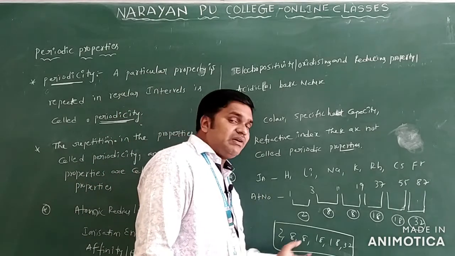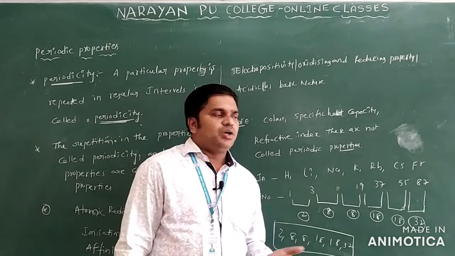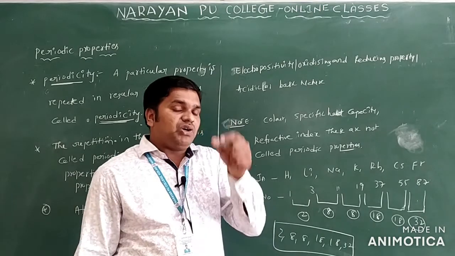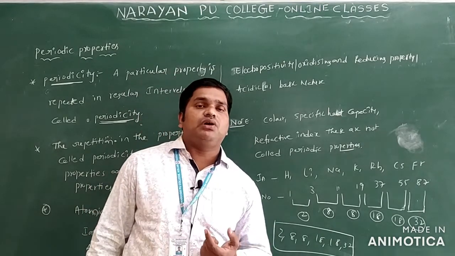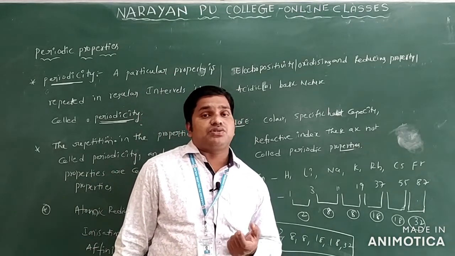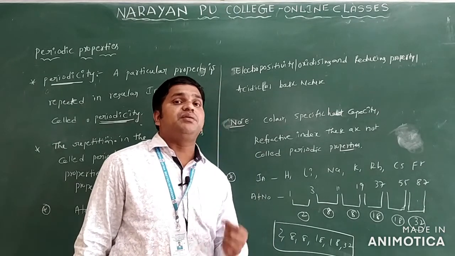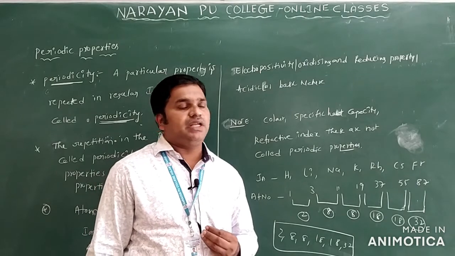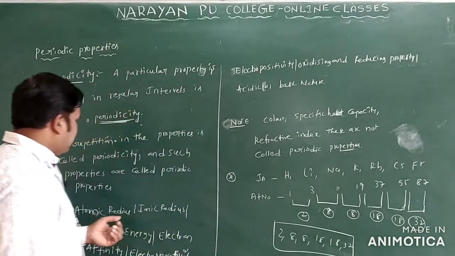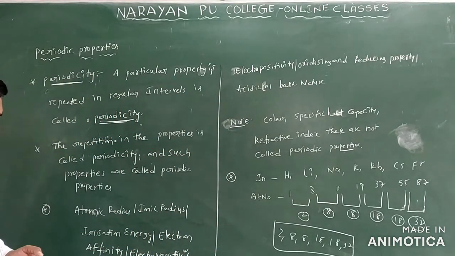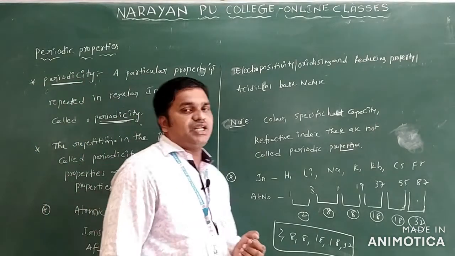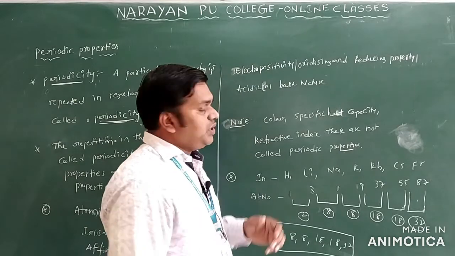So the properties of these elements repeat in a particular group, and we call those periodic properties. These are very important for the study of s and p block elements. We have atomic radius, ionic radius, ionization energy, electron affinity, electronegativity, electropositivity, oxidizing and reducing property, and acidic and basic nature.